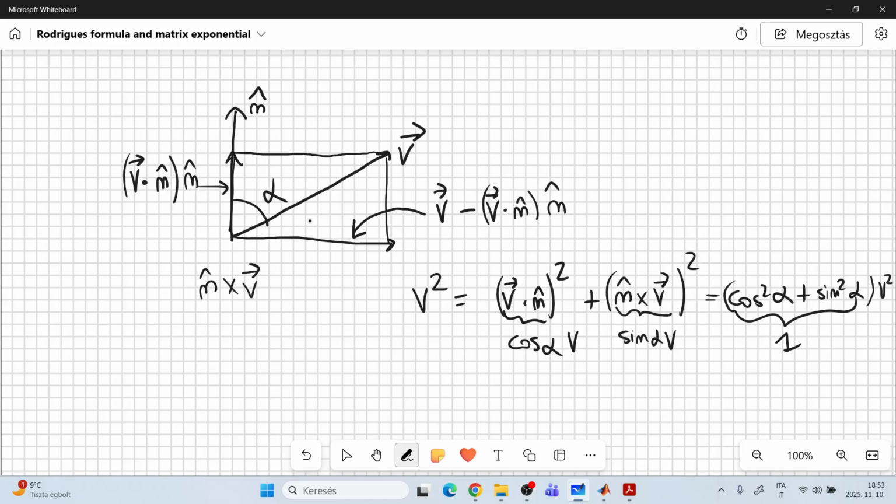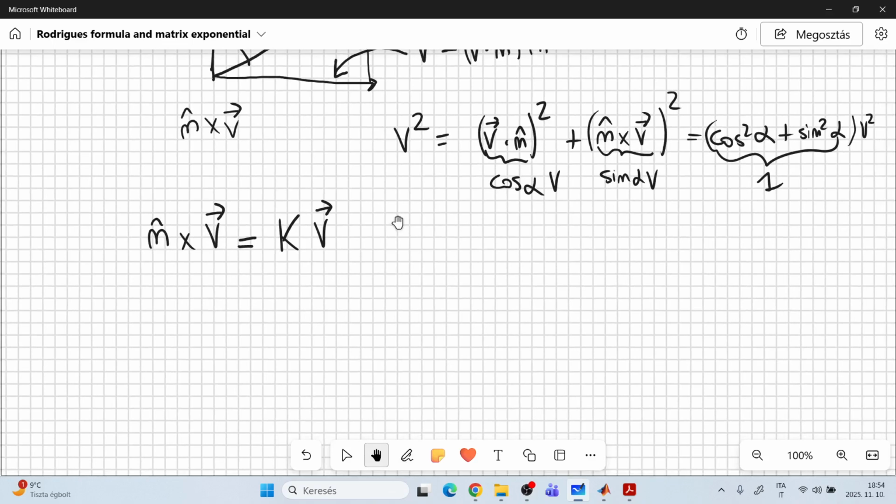Now, I can also introduce a matrix to express a cross product in 3 dimensions. In particular, a cross product can also be written as a matrix that I'm going to call K times the vector v, so applied to the vector v.